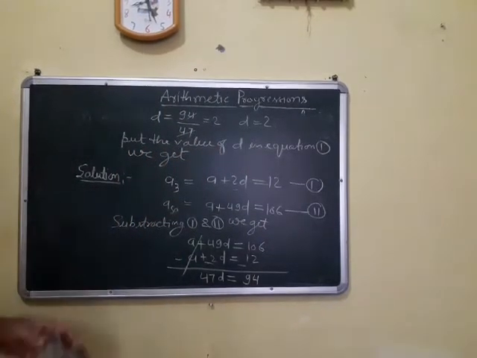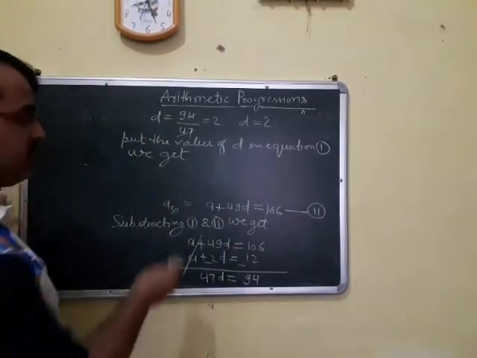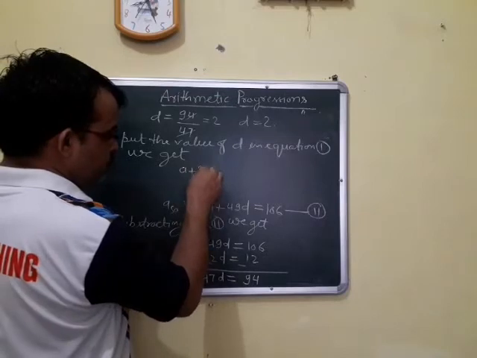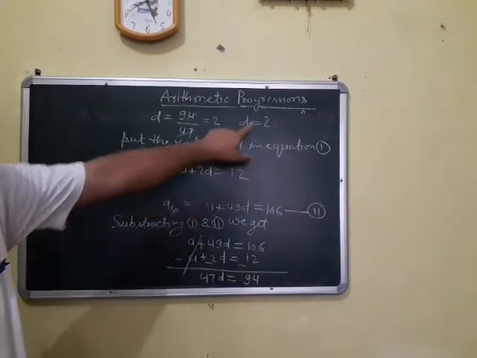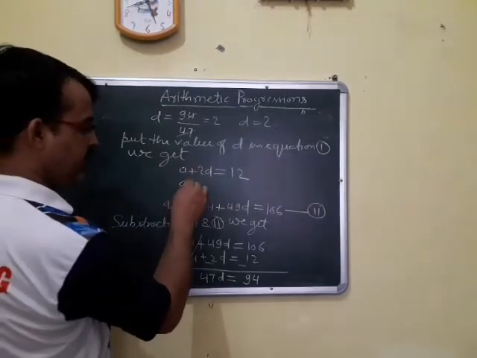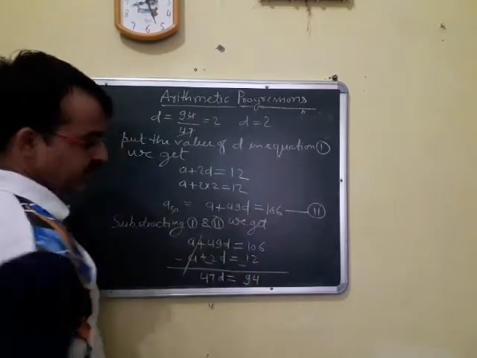Now put in equation first: A plus 2D is equal to 12. D's value here is 2. So A plus 2 into 2 is equal to 12.